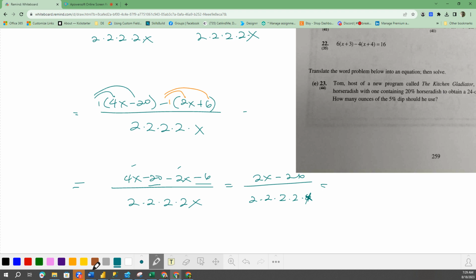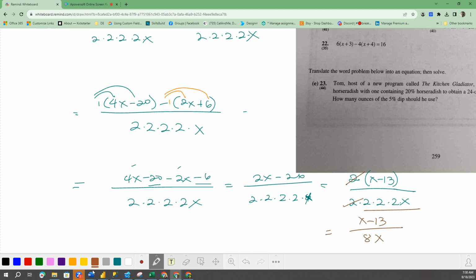Okay, so the reason we're doing this for this particular part is because we want to check if the numerator can be factored and if there's something that can be canceled with the denominator. And yes, you can factor out the 2, right? So you have x minus 13 over 2 times 2 times 2 times 2 times x. And so now you can cancel this 2. So your final answer will be x minus 13 over, multiply all of that, 8x.